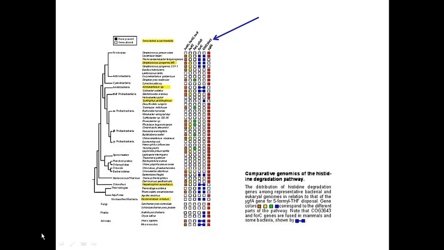Others, like phosphatase type reactions, are carried out by members of different phosphatase families in different organisms, and it would be very difficult to find them with this kind of global analysis because they're local solutions. The key gene is missing in this group, and they replace it with one kind of phosphatase. These people would do it with another kind.